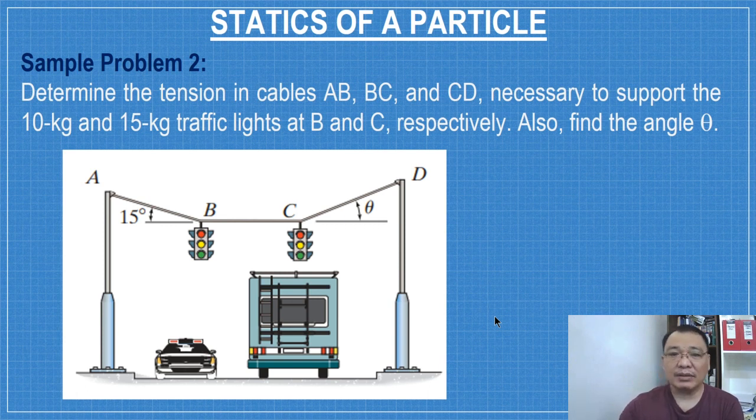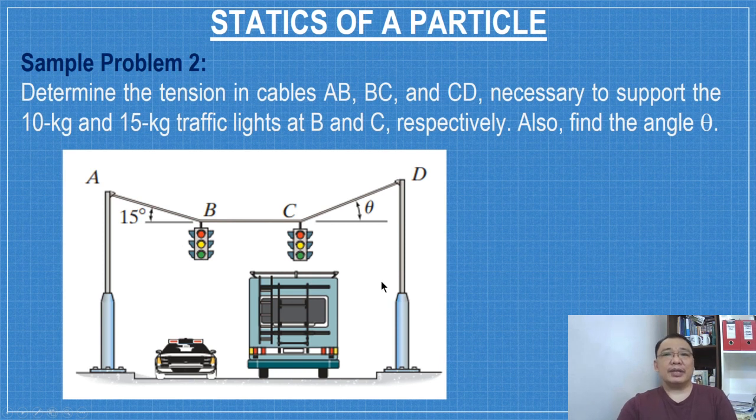Also find the angle theta. Now, in a problem like this, when it says respectively, you cannot swap or interchange. The first to be mentioned is 10 kilograms at B, and then 15 kilograms at C.